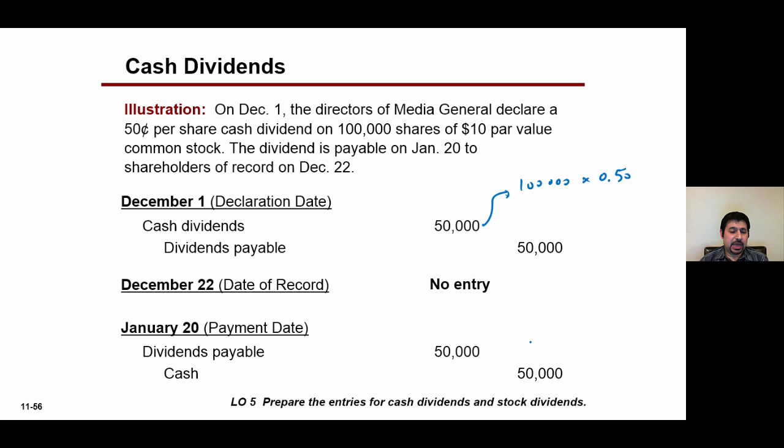At this point, both current assets and current liabilities have decreased because the company is paying their debt using an asset, which is cash. So current assets will decrease and current liabilities will decrease, but stockholders' equity will not be affected. Stockholders' equity was affected on the declaration date, when cash dividends were declared.